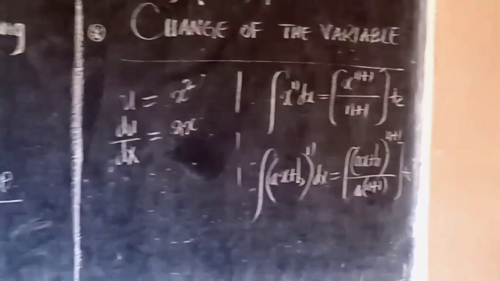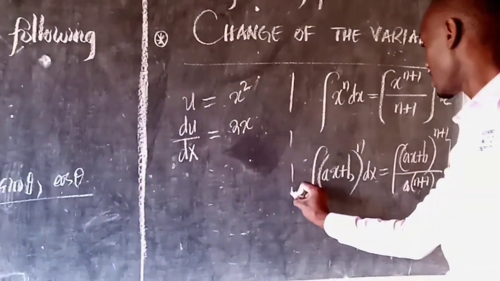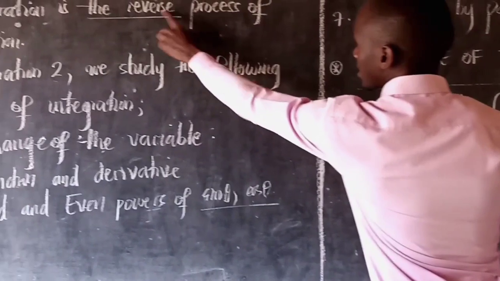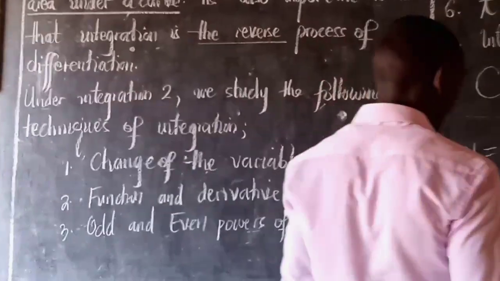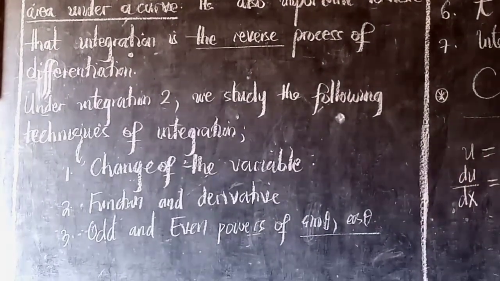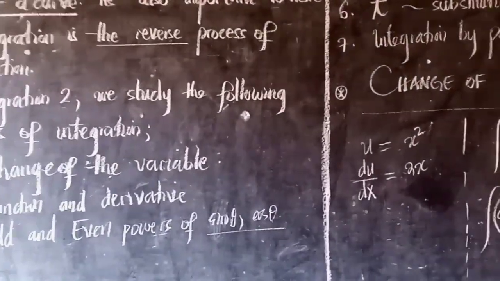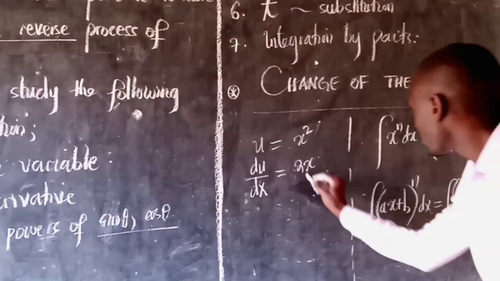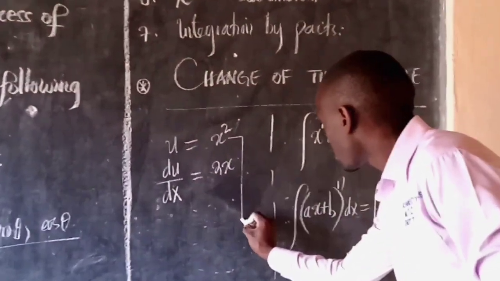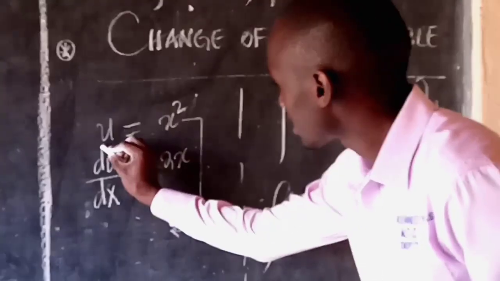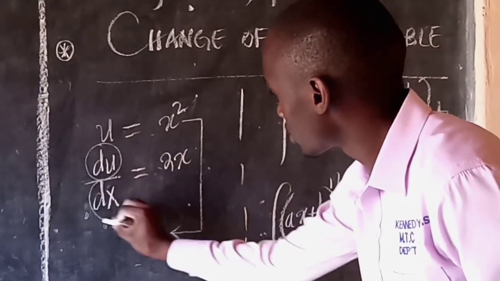In our introduction, this is a reverse process of differentiation. You cannot handle very well integration 2 unless you know how to differentiate. Now, dear viewers, I want to emphasize that as regards integration, we will be separating these two terms.